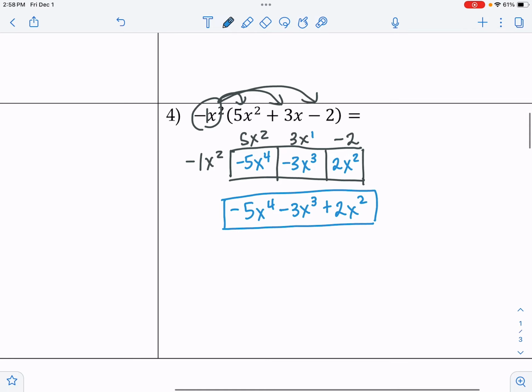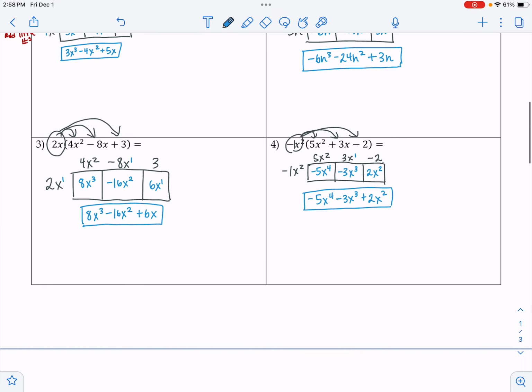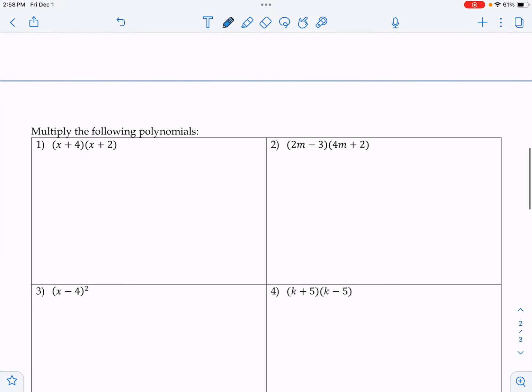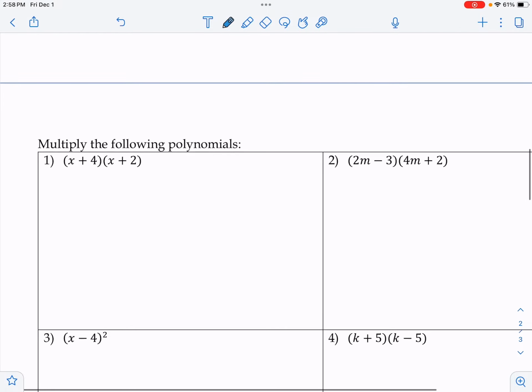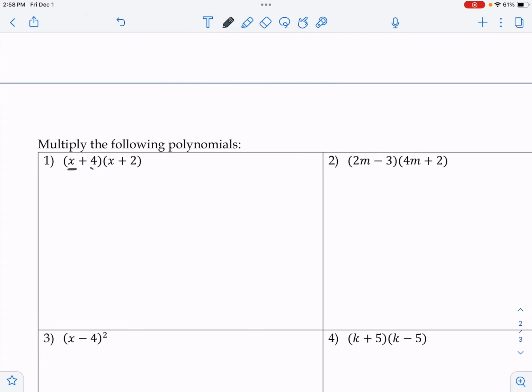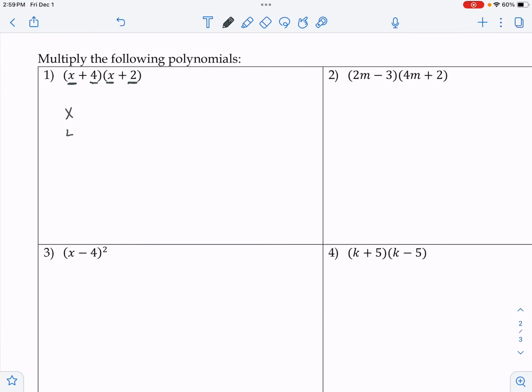Okay, and so when you're multiplying a monomial times a polynomial, especially a trinomial, it would be a 1 by 3 box. These next examples, we're multiplying a binomial times a binomial. So I've got two terms, a binomial times two terms. I'm going to need a 2 by 2 box. And so x plus 4 gets multiplied by x plus 2.